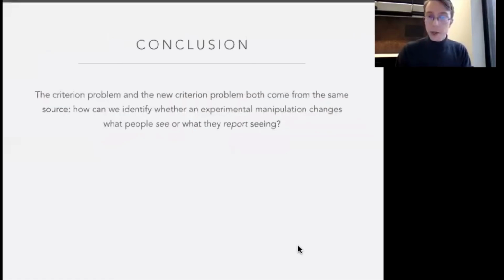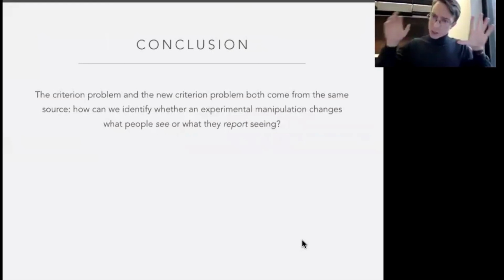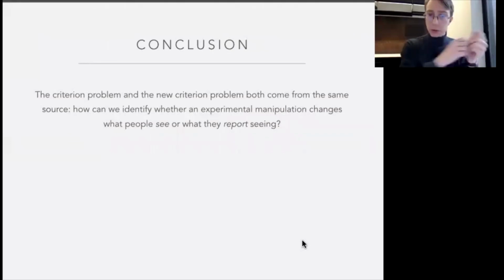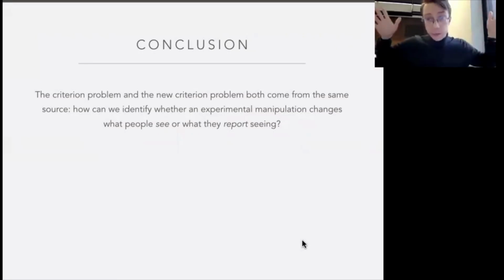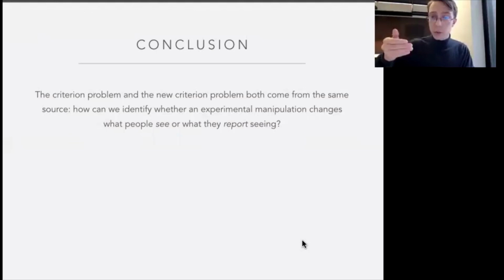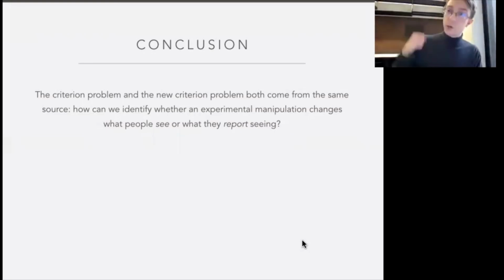Okay, so here is my conclusion. The criterion problem and the new criterion problem both come from the same source. The problem in each case seems to be, how can we identify whether an experimental manipulation, like manipulating, for example, stimulus excitability or masking the stimulus, changes what people see or what they report seeing?